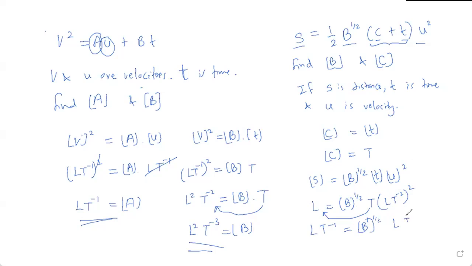So you get LT minus 1 squared, LT minus 1, that's velocity, meters per second. So you can see LT minus 1 and 2 of LT minus 1. So if you take this to this side, one of them gets cut directly. So you can cut it here itself. Square gets cancelled and you get 1 over LT minus 1 is equal to dimensions of B to the power half.